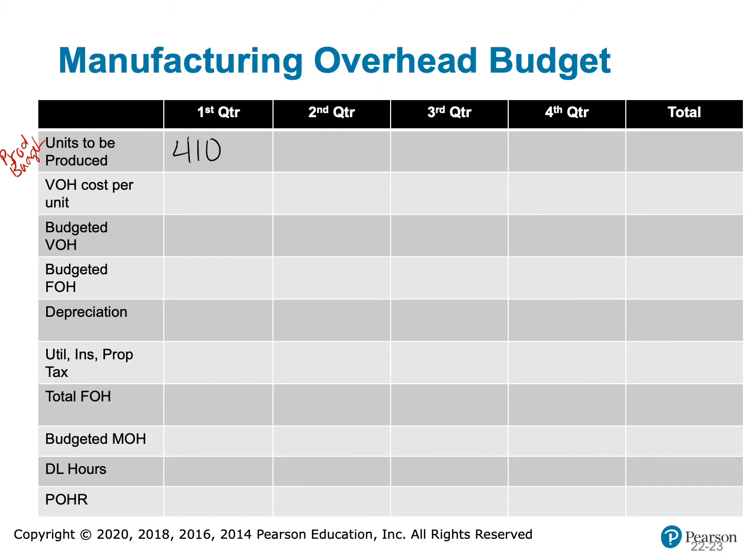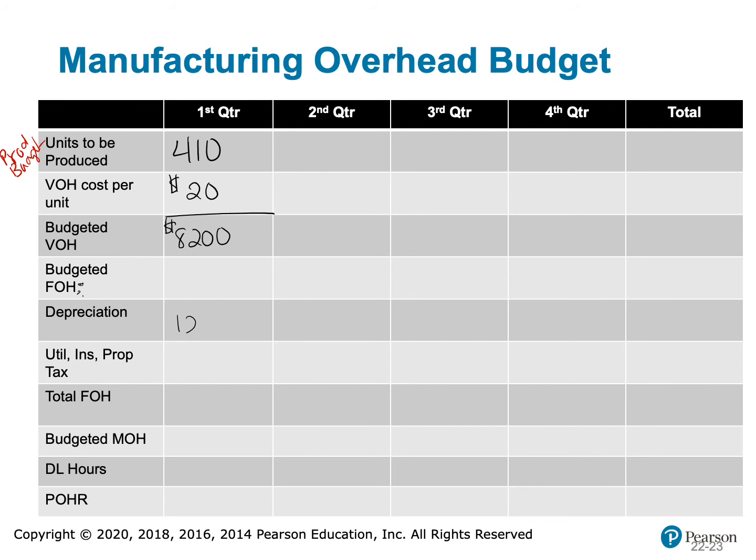Remember that variable overhead cost is $20 per tablet. So we can go ahead and multiply that out and say, okay, we're expecting variable overhead to be $8,200 in quarter one.